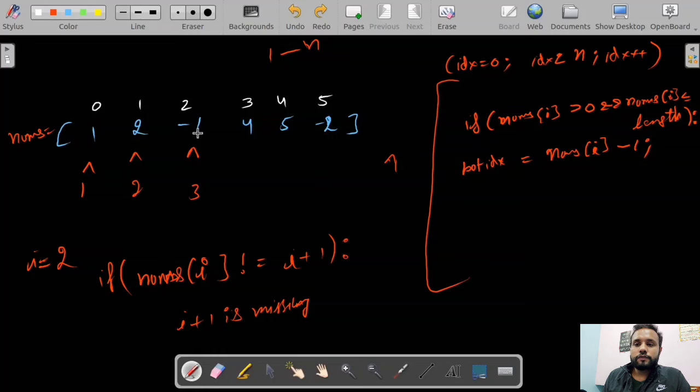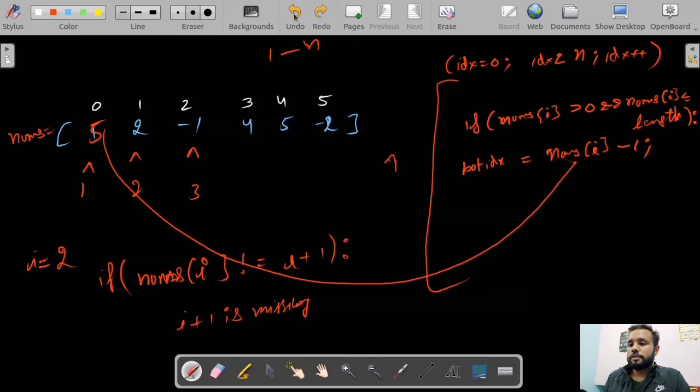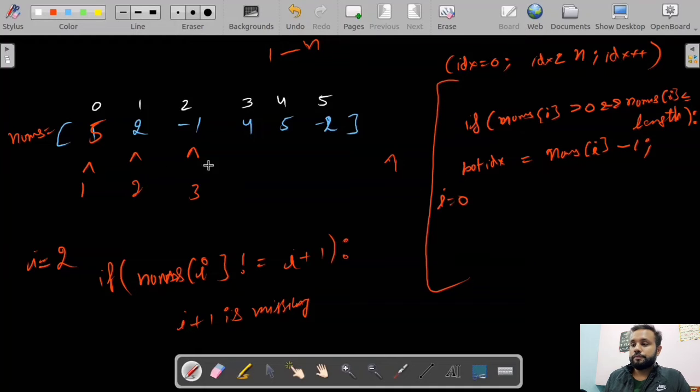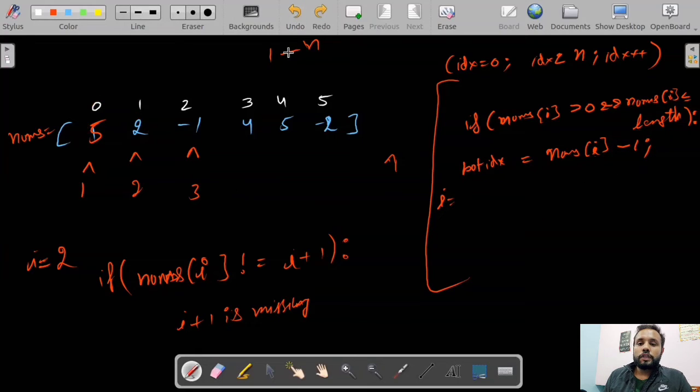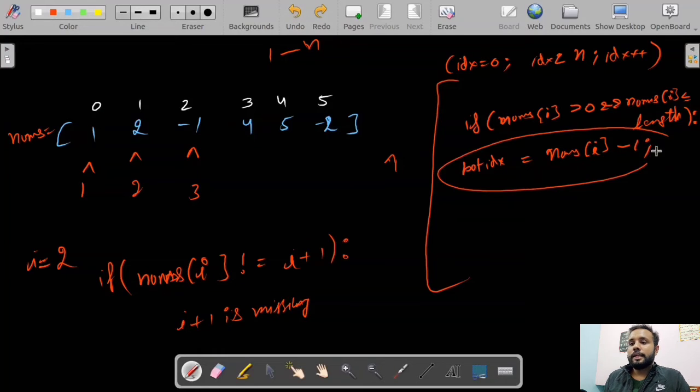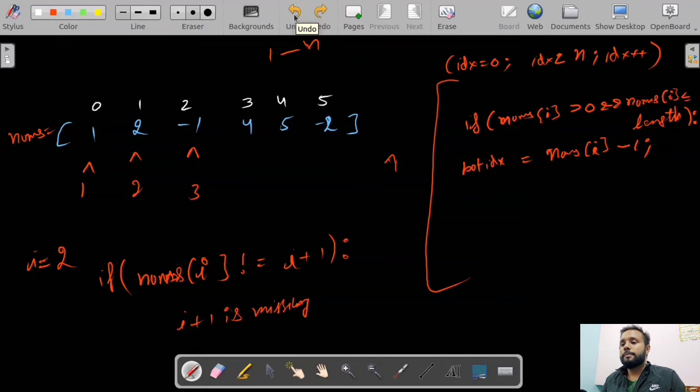We transferred this 5 from here. 5 was here, index i is 0. nums of i is 5, minus 1 is 4. So for this number 5, the potential index where it belongs is index 4, nums of i minus 1. First we find the potential index, and then we swap it.